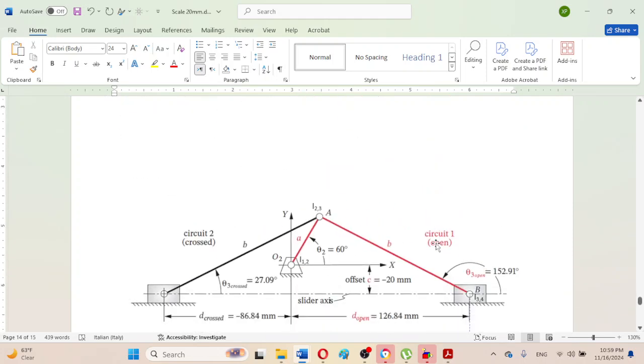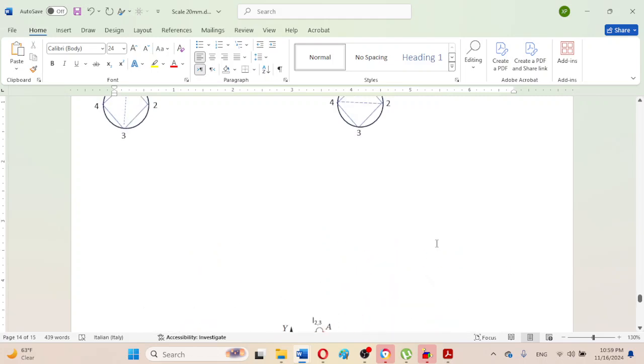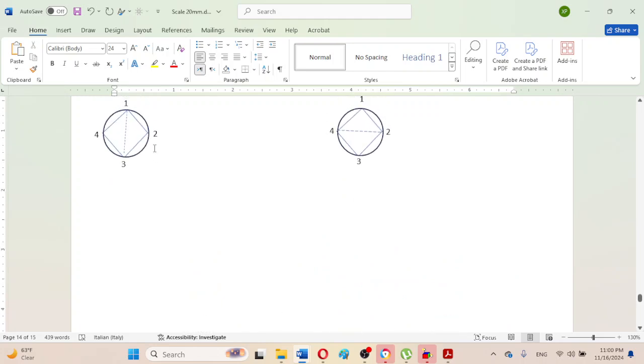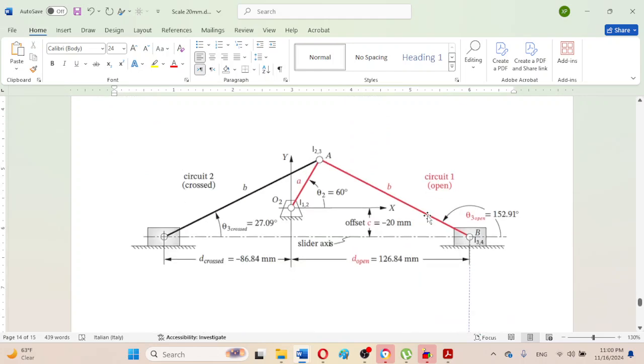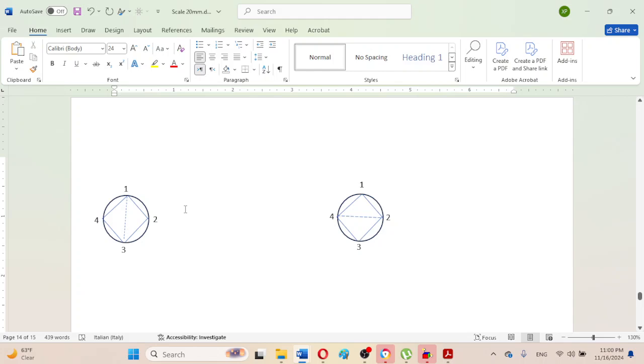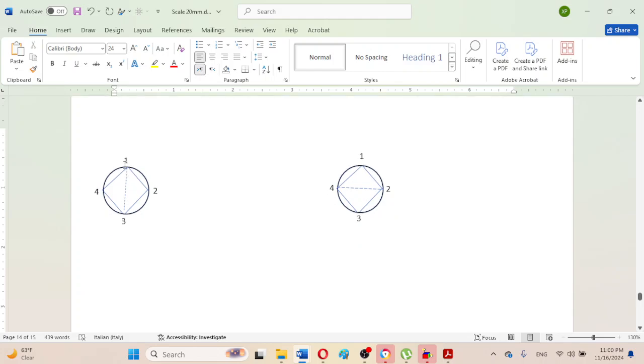Now the problem remains for the unknown instant centers. So now we will be determining the instant center for, for example, in the first stage, link number 1 and link number 3.